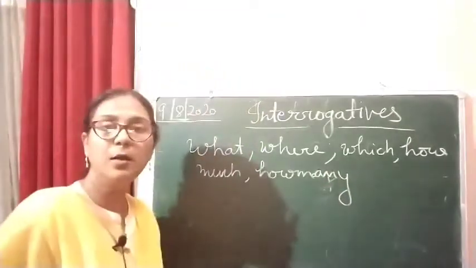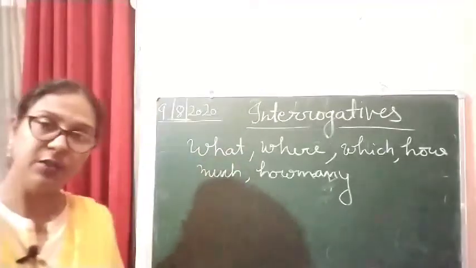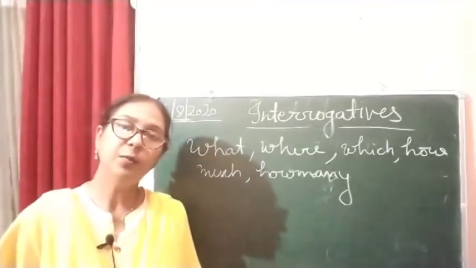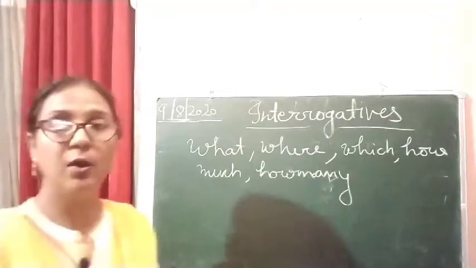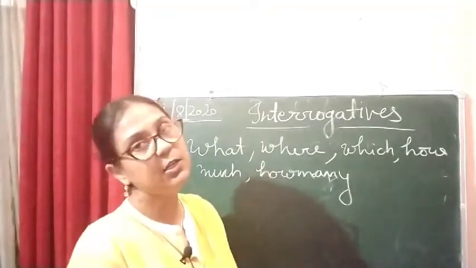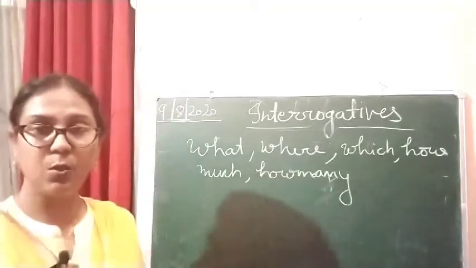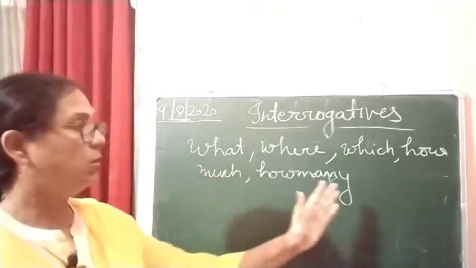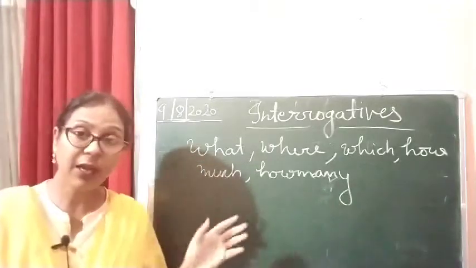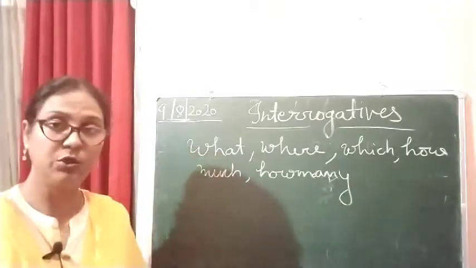These are called interrogative determiners. Now we are moving to solve the exercises which are based on interrogative determiners. Interrogative means asking a question or making a question. These are the words which can create a question or can ask a question also.